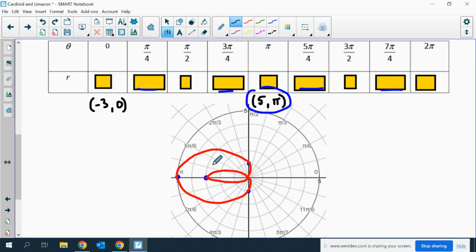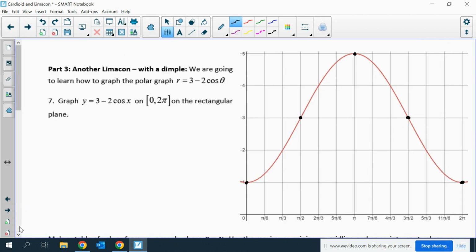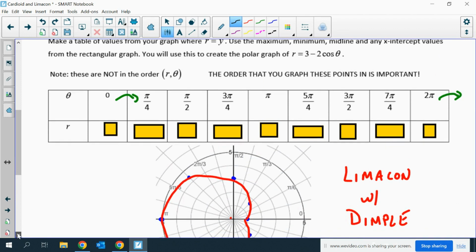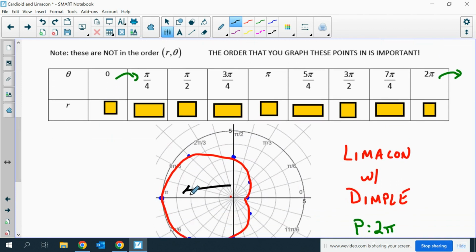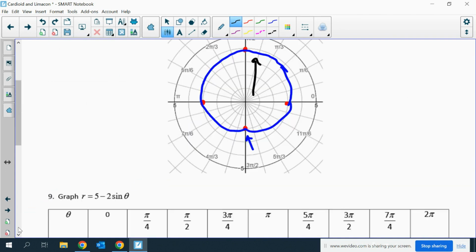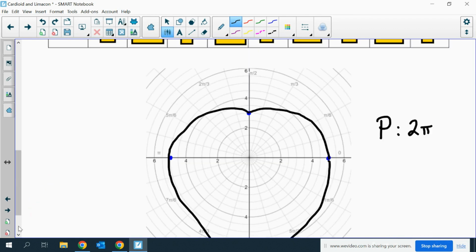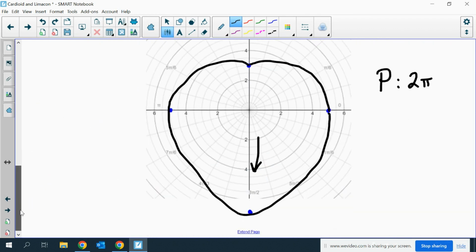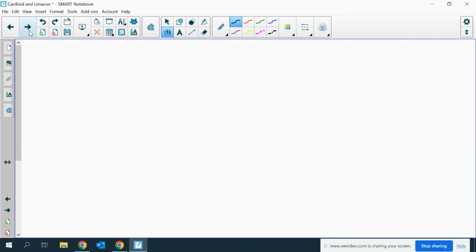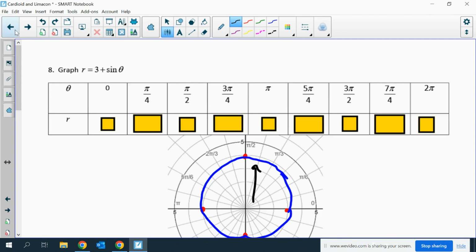Minus 4 cosine, the big part opens to the left. 3 minus 2 cosine opens to the left. Plus sine, the big part opens up. Minus 2 sine, the big part opens down. So that's just stuff to keep in mind. A lot of that probably makes some sense.